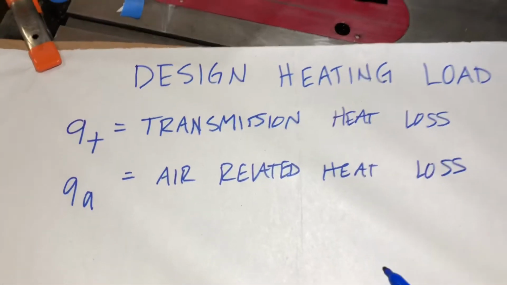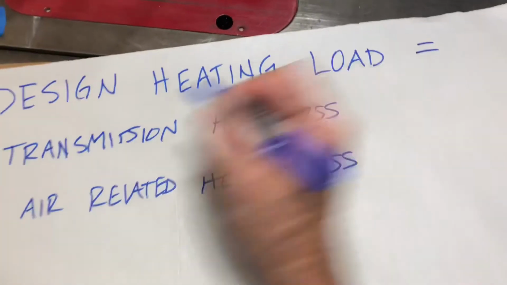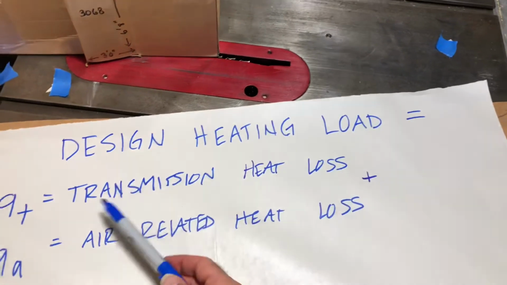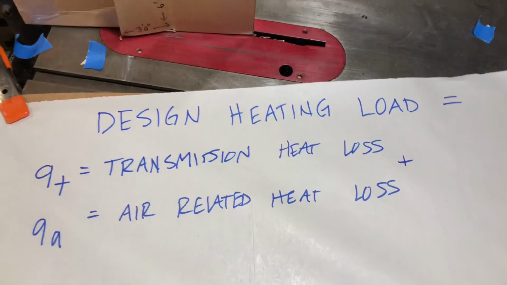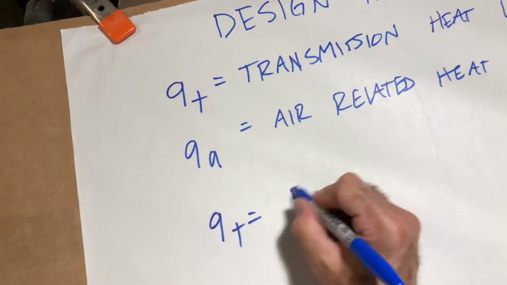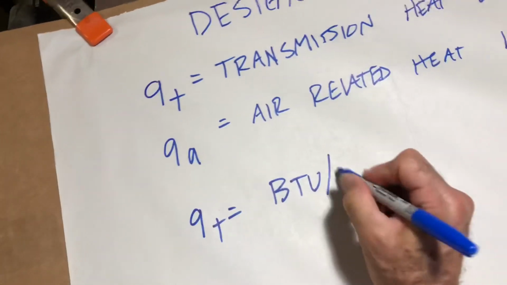So design heat load equals that plus that. Design heating load equals QT plus QA. Both of these have units of BTU per hour.